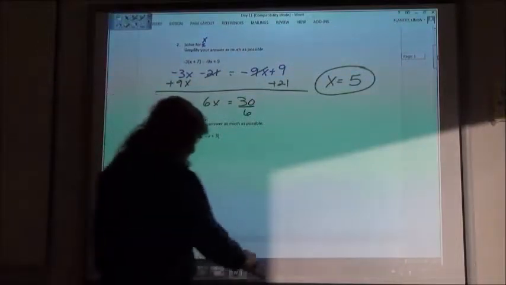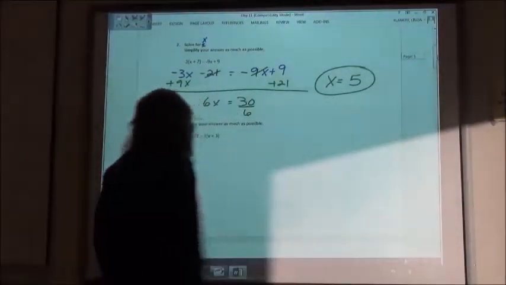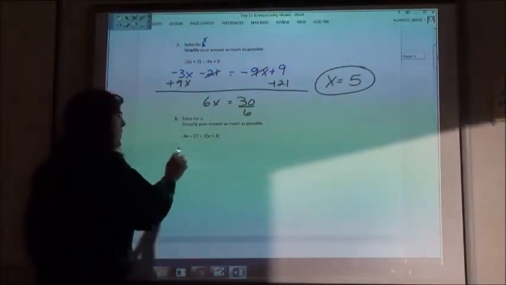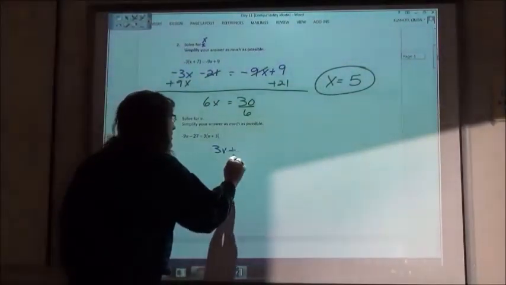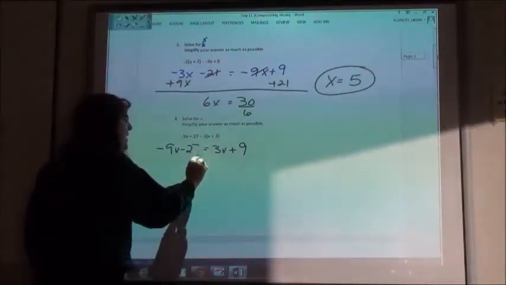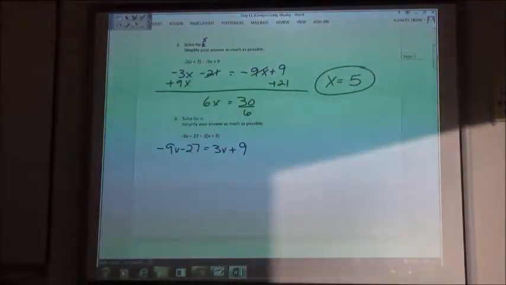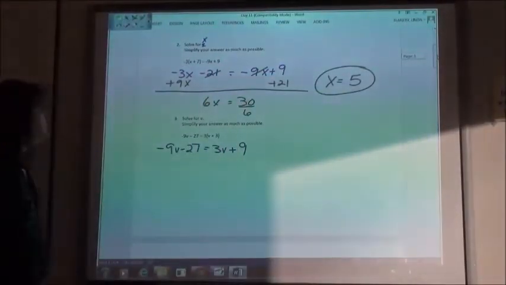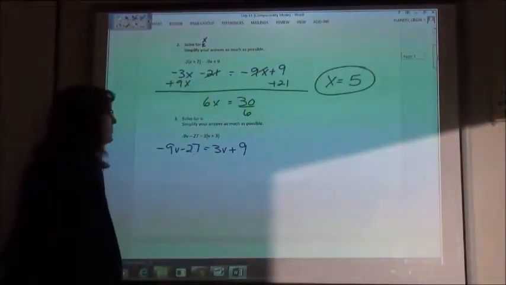So, number 3, we're solving for v. Getting rid of our parentheses, we're going to have what? 3v plus 9 equals our negative 9v minus 27. From there, the 9 comes over. That becomes a negative 9.